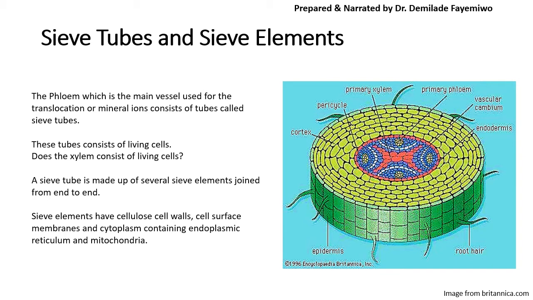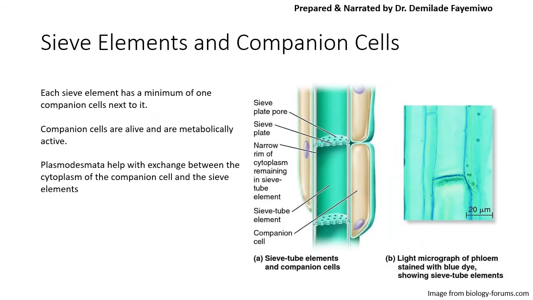You also need to know that the sieve elements, which make up the sieve tubes, have cell walls, cell surface membranes, and cytoplasm that contains endoplasmic reticulum, and they have mitochondria. That already tells you that these cells are metabolically active and so are not dead.